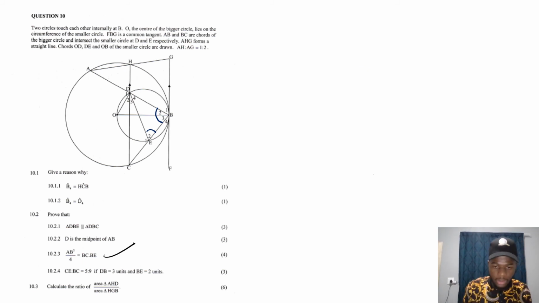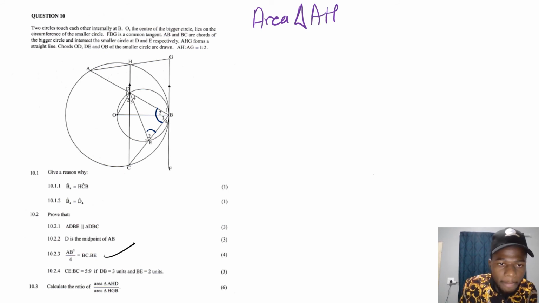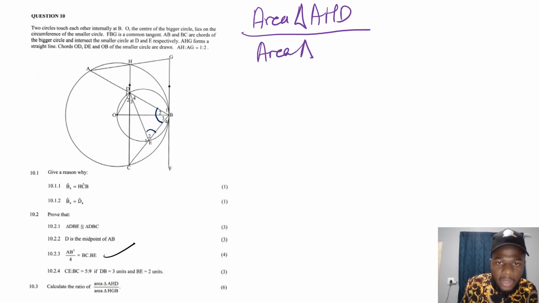Okay, and then here it is. We have to calculate the ratio of area of triangle AHD divided by area of triangle HGB, right? Do we have triangle HGB here? No, they have made a mistake.